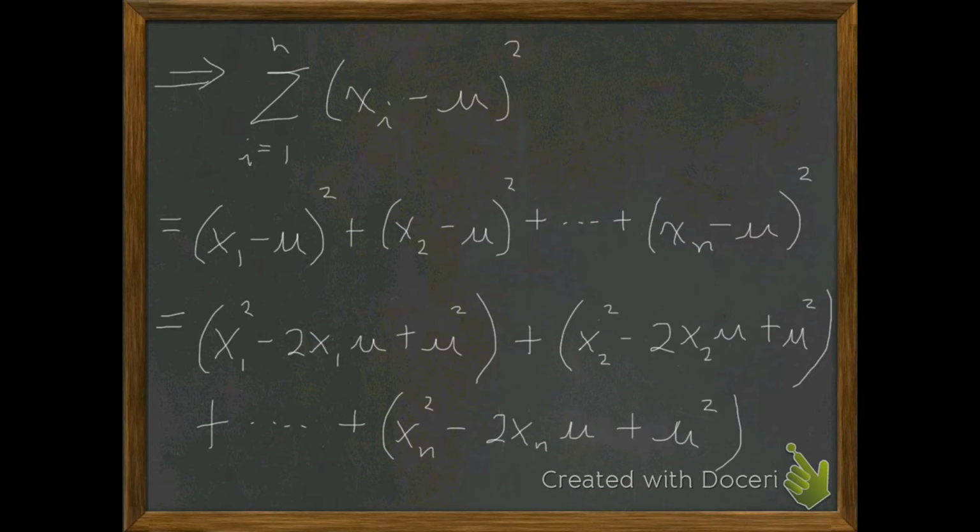Now, we can start grouping things. The first thing I see is that when I add all these up, I'm going to have this when I sum up my mu squared terms.